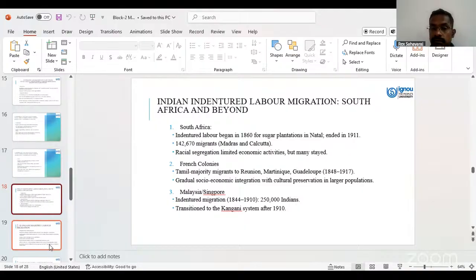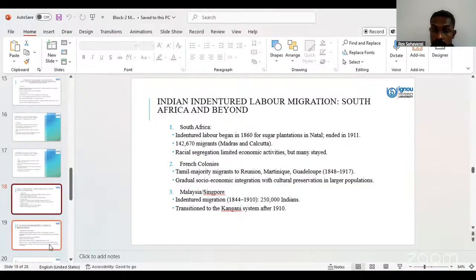There was racial segregation and limited economic activity, but many stayed. And among the French colonies, Tamil-majority migrants went to Reunion, Martinique and Guadeloupe in 1848-1917, and gradual socio-economic integration with cultural preservation took place in the larger population.